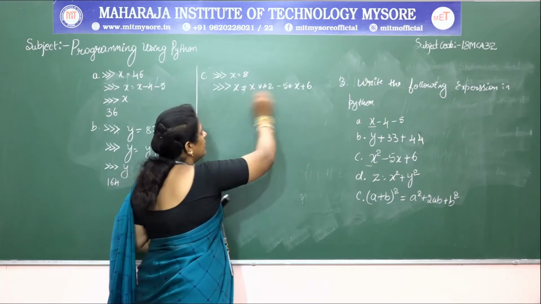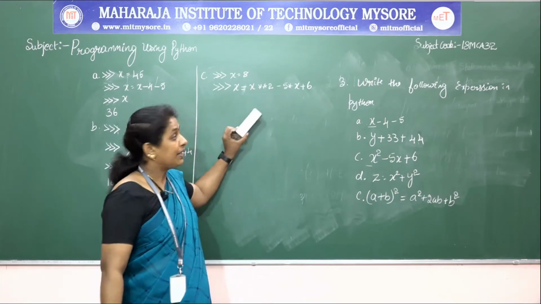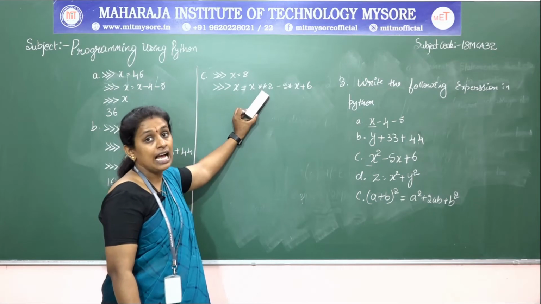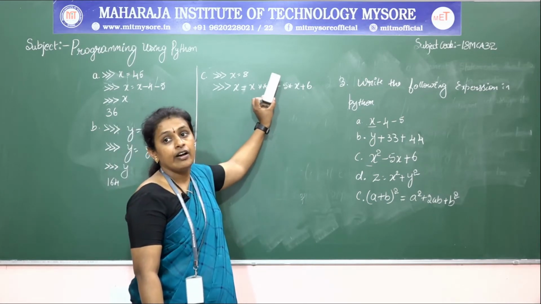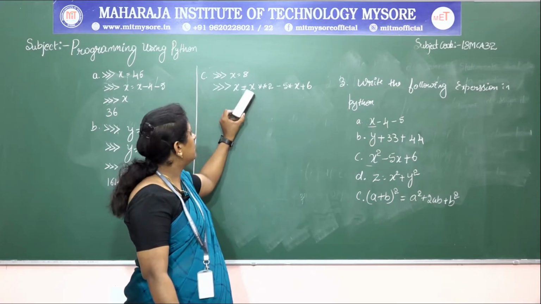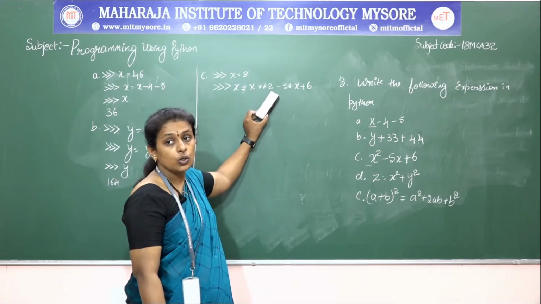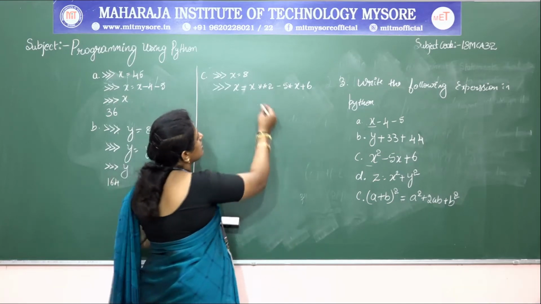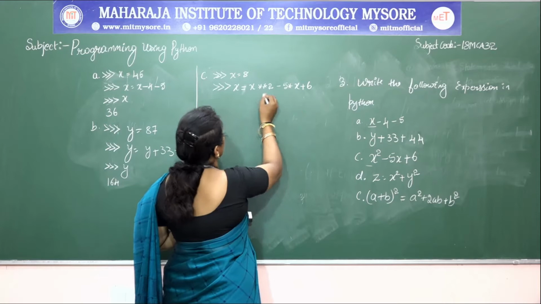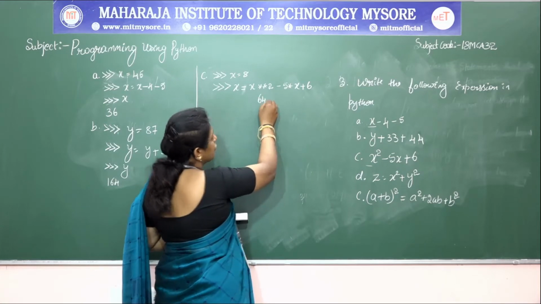The exponent has the highest precedence, so that will be evaluated first, that is 8 to the power of 2. We will get the output as 64.